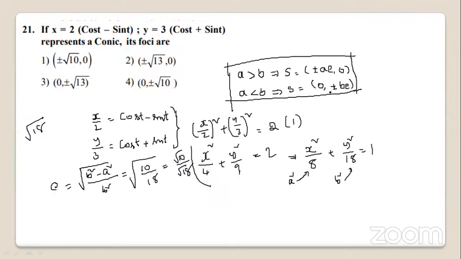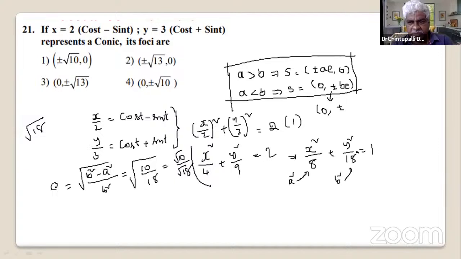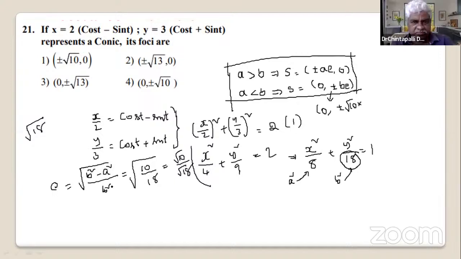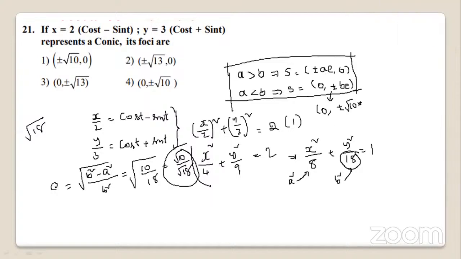Formula is 0 plus or minus b e, right? What is b? B square is equal to 18, so b is equal to root 18. Root 18 times e means root 18 times root 10 by root 18.